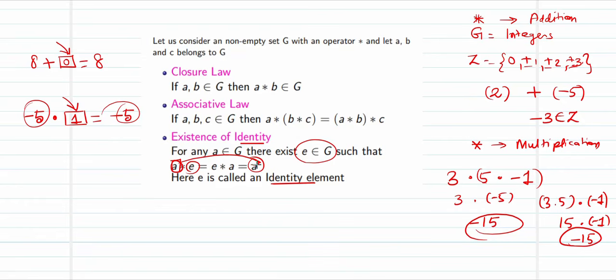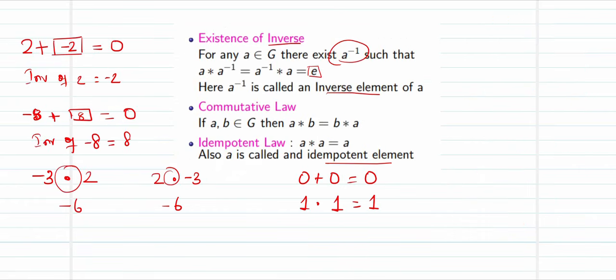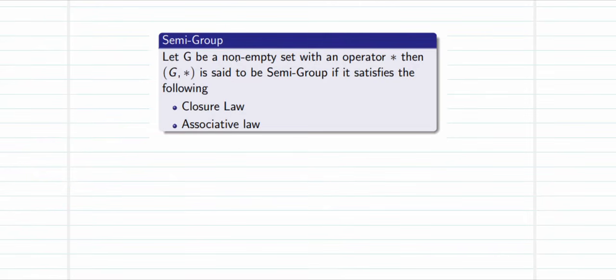You have an element E that is going to act as a mirror and reflect back the same element which you take. For every element over here, you will be able to find an inverse so that you get the mirror back again. And if you are going to flip your elements and the value remains the same, you call it a commutative law. An element binary operated with itself, if it is going to give the same element, then you call it idempotent law.